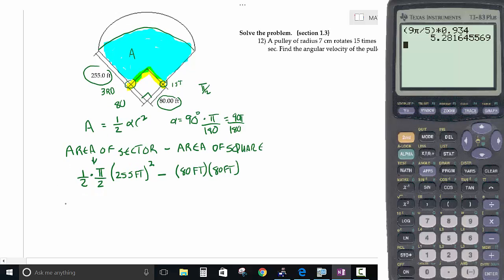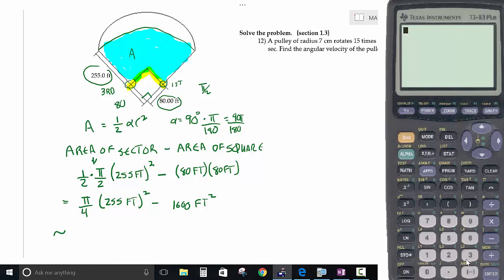Okay, so now if we put this together, let's just write this as pi over 4 times 255 feet squared. And then we can multiply that out. That's going to be 1,600 square feet. Then we can go to the calculator to finish this up, and you can do this pretty much in one step.